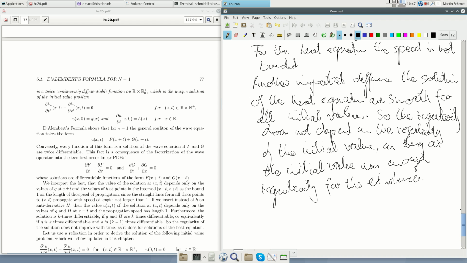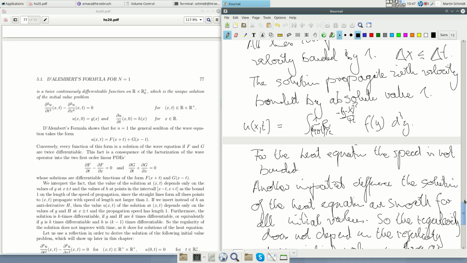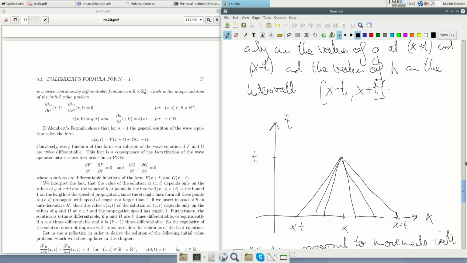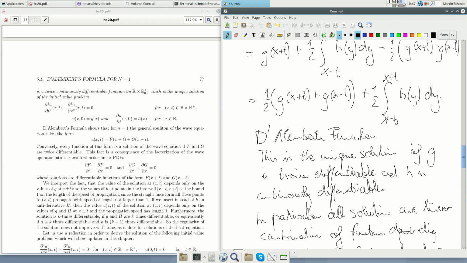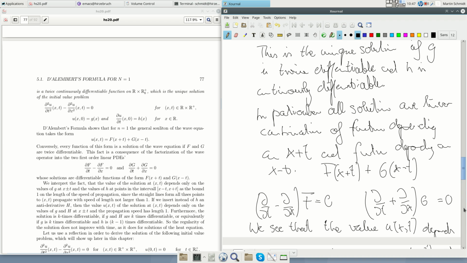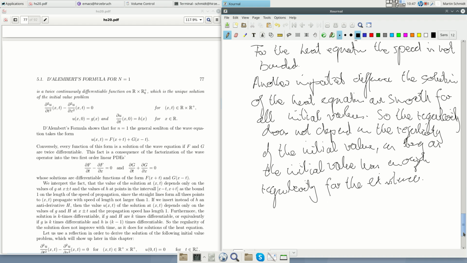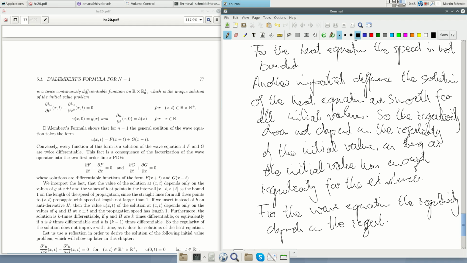Now for the wave equation, yeah, we see directly by this formula here, by D'Alembert's formula, that the regularity depends on the regularity of the initial value.